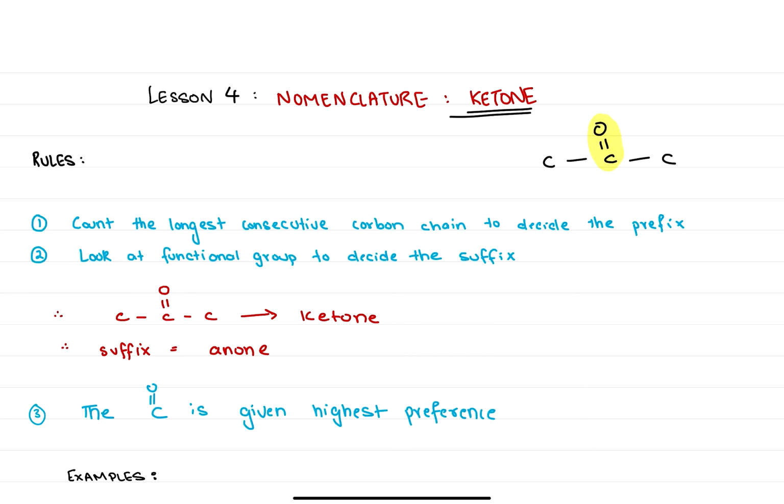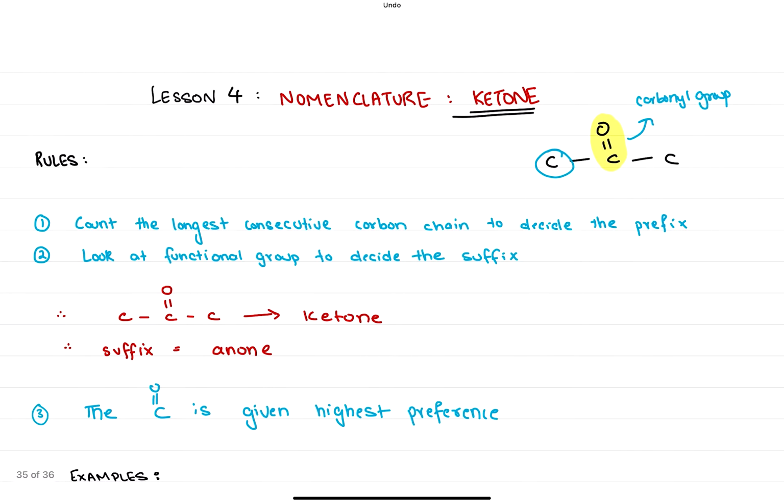You will eventually have to learn this. The C double O group is called the carbonyl group. And when you see next to this carbonyl group two carbons or two groups of carbons, we say that this is a ketone. So let's see in more depth how we name these creatures.